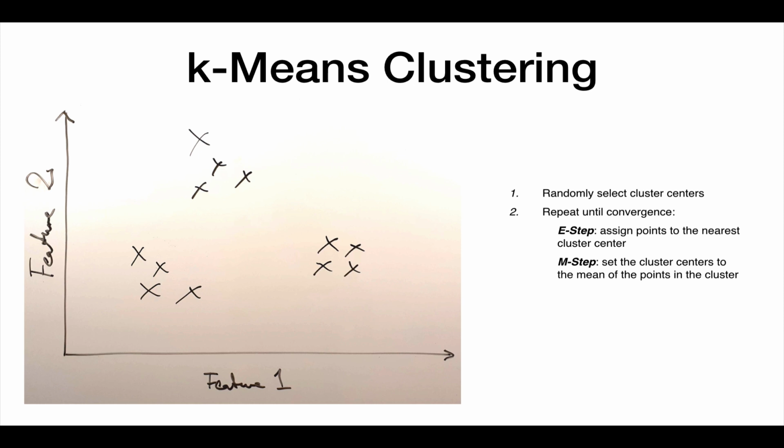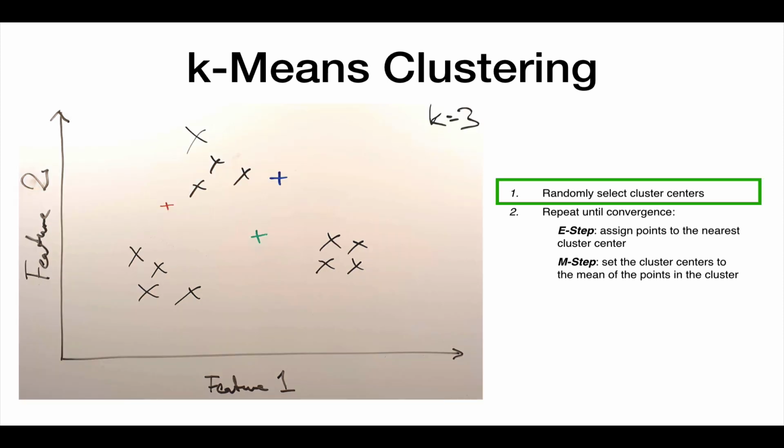So say that you are given two different features for a set of 12 different data points. Now, if we want to apply k-means clustering to this, we start off by randomly distributing 3 different cluster centers. Here we have the cluster centers in blue, red, and green.